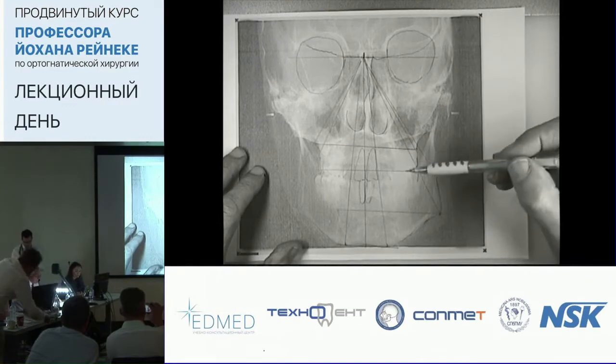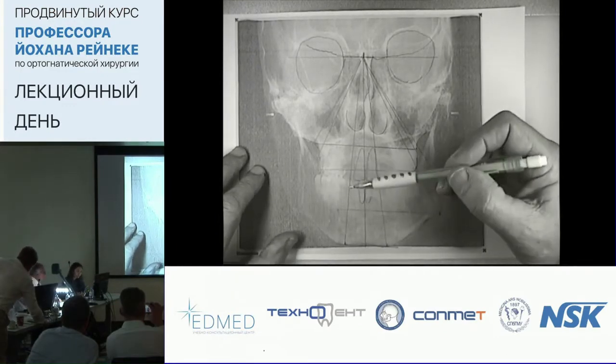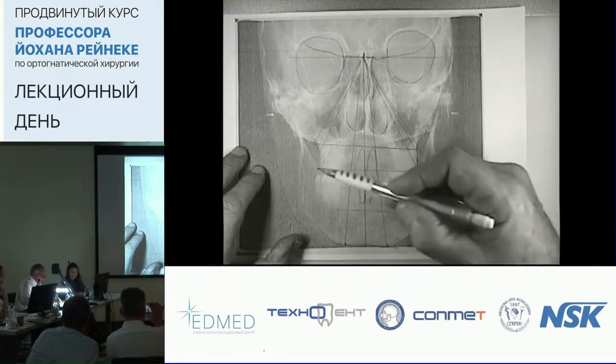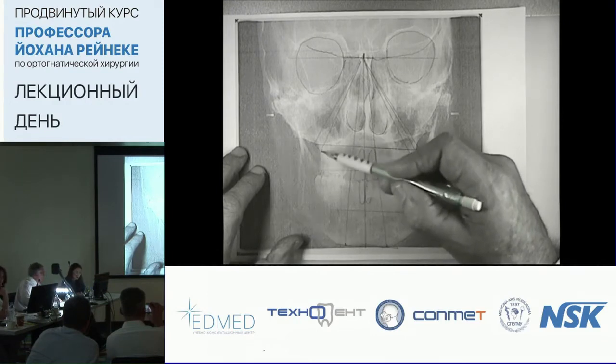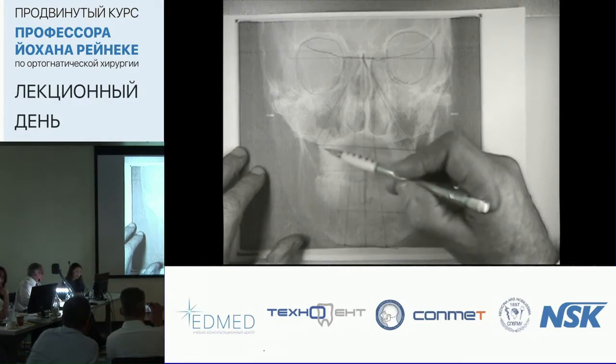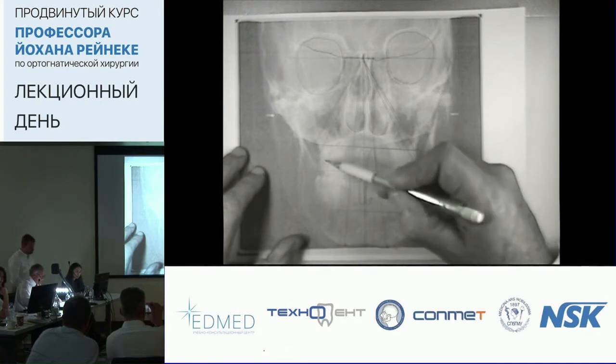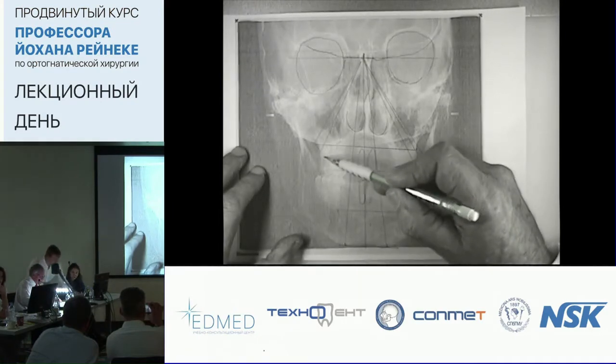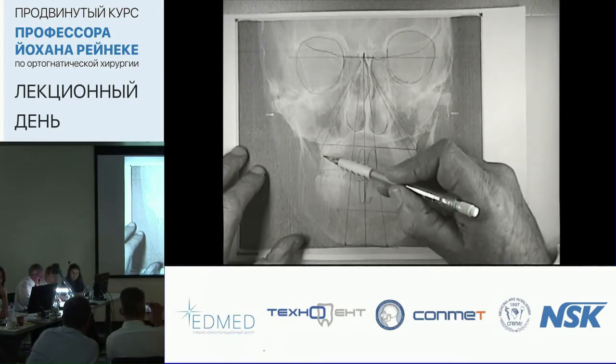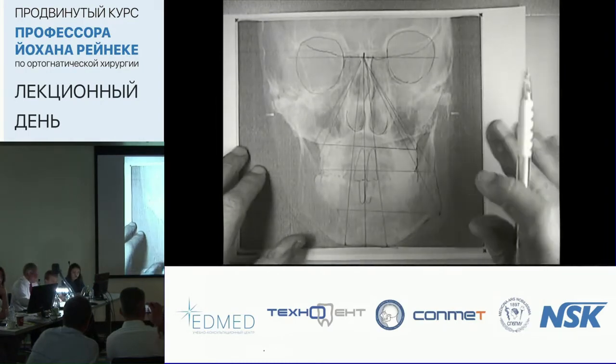Interesting, I'm not sure about the teeth. Has he got? Yeah, I think this is, not sure about this area here, because that's where he's got an impacted upper molar. So I'm not sure where this is. Maybe it's a little bit higher, but we're doing this just for explanation.